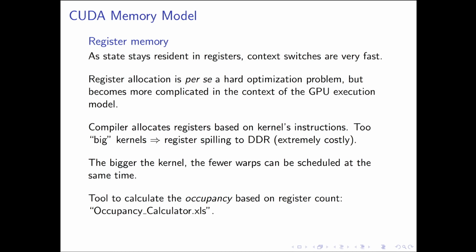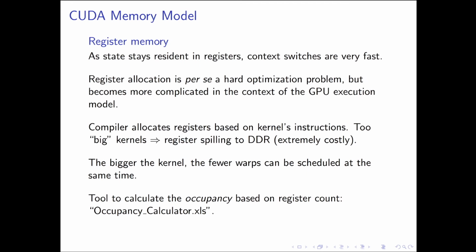When we program a kernel, a GPU program that is executed simultaneously by multiple threads, the kernel's instructions determine how many registers the kernel will eventually use. We will try to optimize for that and keep the overall register usage low. At some point, when we cannot optimize anymore, we will try to figure out the optimal block size, given certain properties of the architecture that we're optimizing for, like the compute capability or the shared memory size.